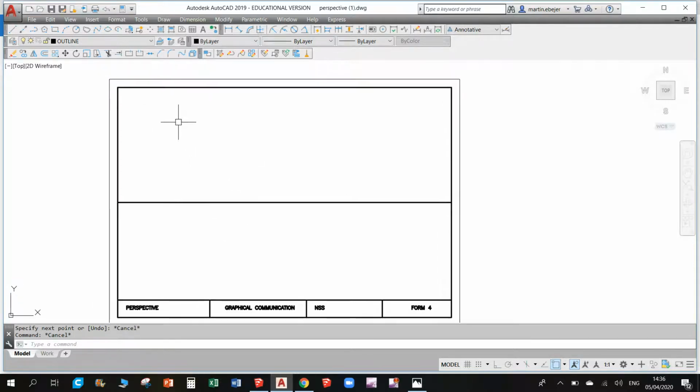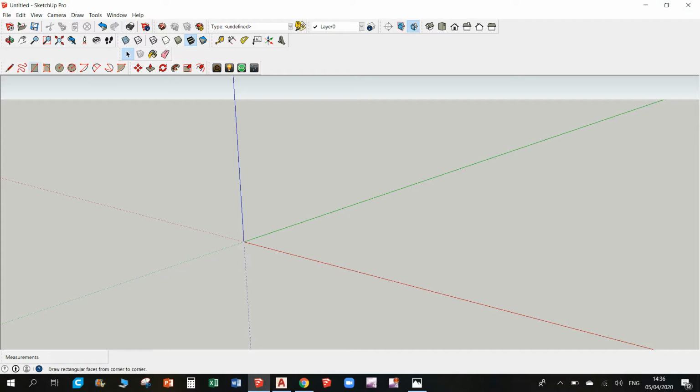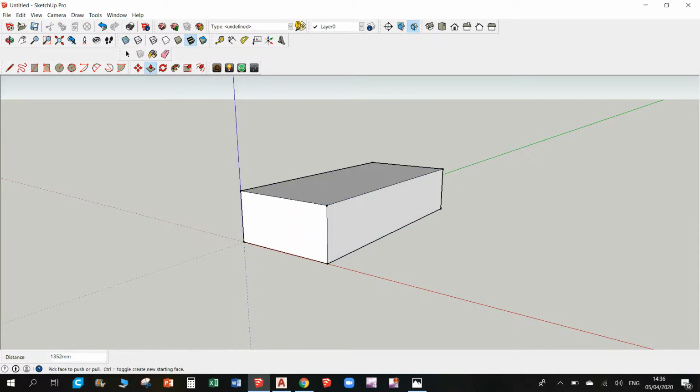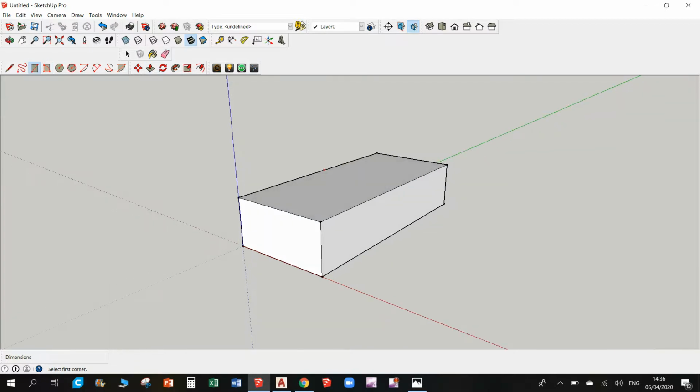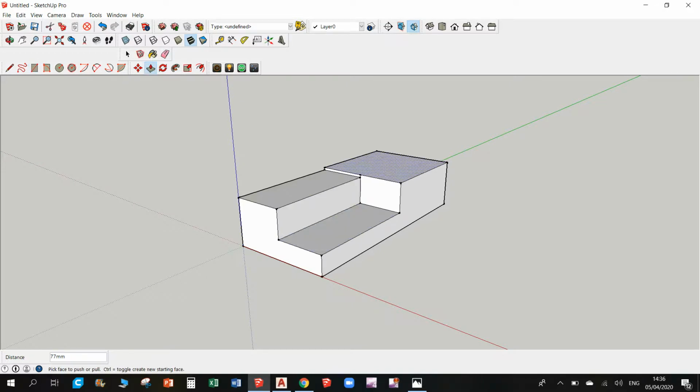The first part we're gonna draw is the drawing on top, which is on page 42. To give you an idea, the drawing we're talking about is this kind of drawing. Okay, this is a brief idea to know what we're talking about.